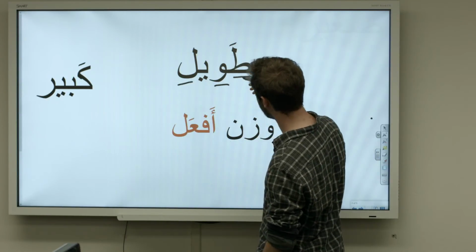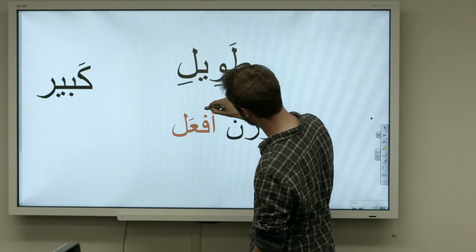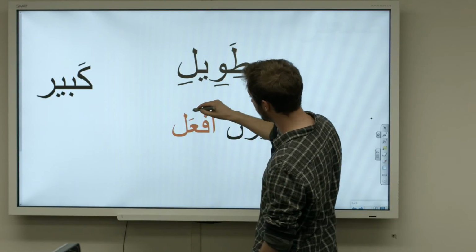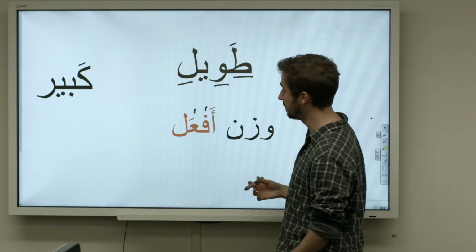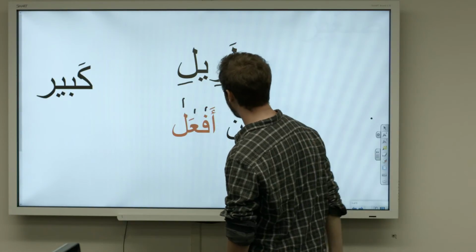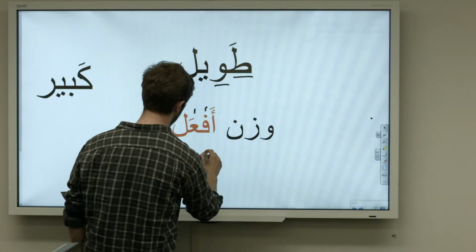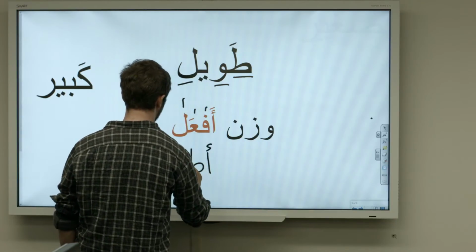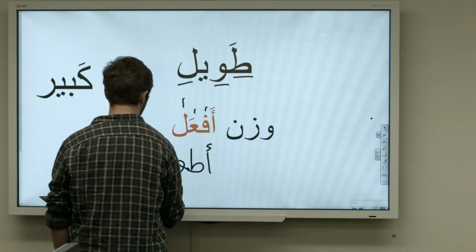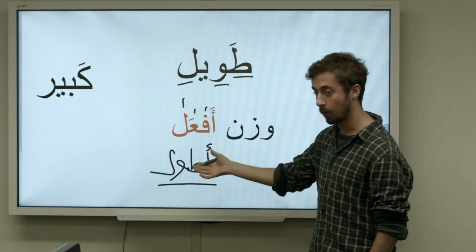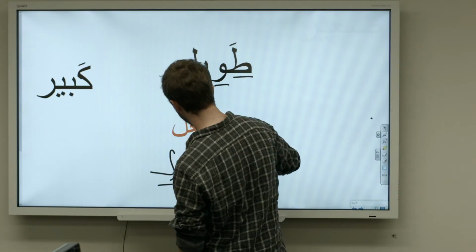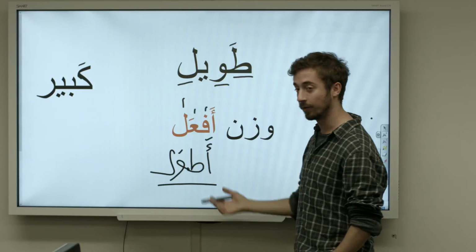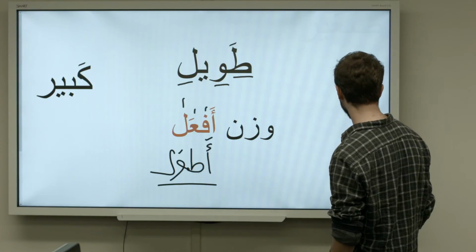And so the ta goes here, the waw goes where the ayn is, and the lam goes where the lam is here. And that gives us atwal, with the short vowels in there. Atwal, right? Not so complicated.